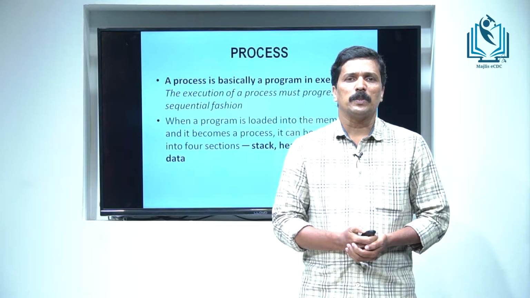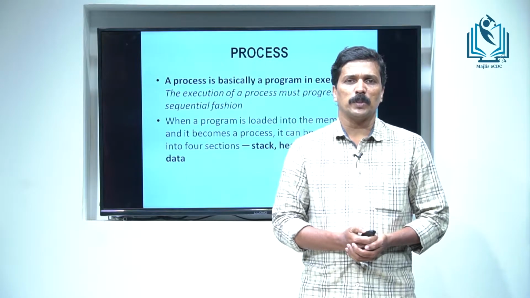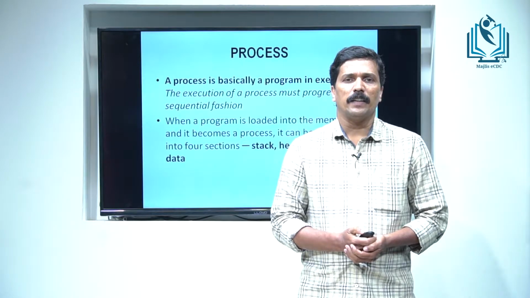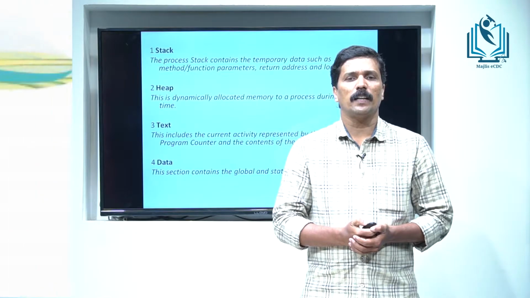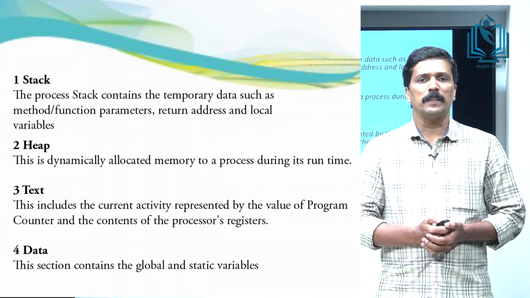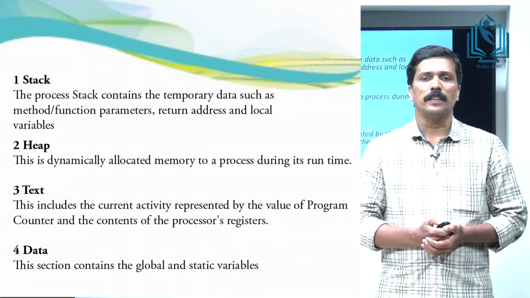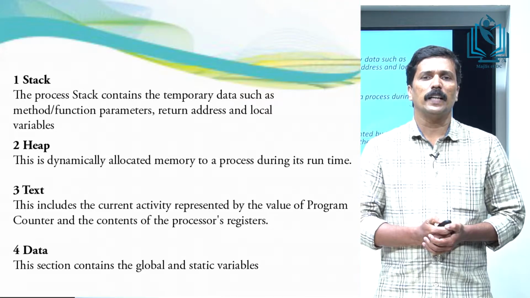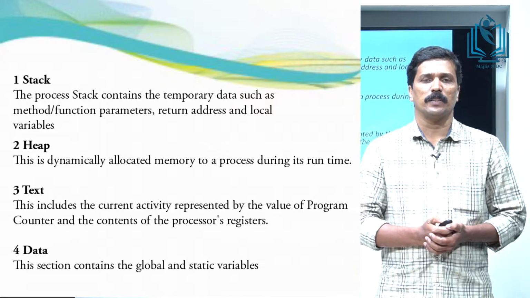When a program is loaded into the main memory and becomes a process, it has 4 sections: heap, stack, data and text. In this, stack contains methods, function parameters, return address, etc. Heap means it is dynamically allocated to a process under execution.